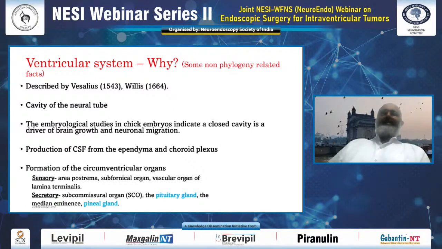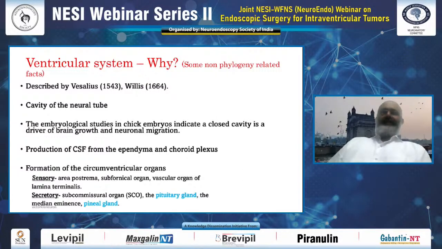We know the current description from the time of Vesalius and Willis. We know it's the cavity of the neural tube. We also know that a closed cavity and the periventricular region is a driver of brain growth and neuronal migration. Importantly, we have learned over time that it is the area for production and circulation of CSF.